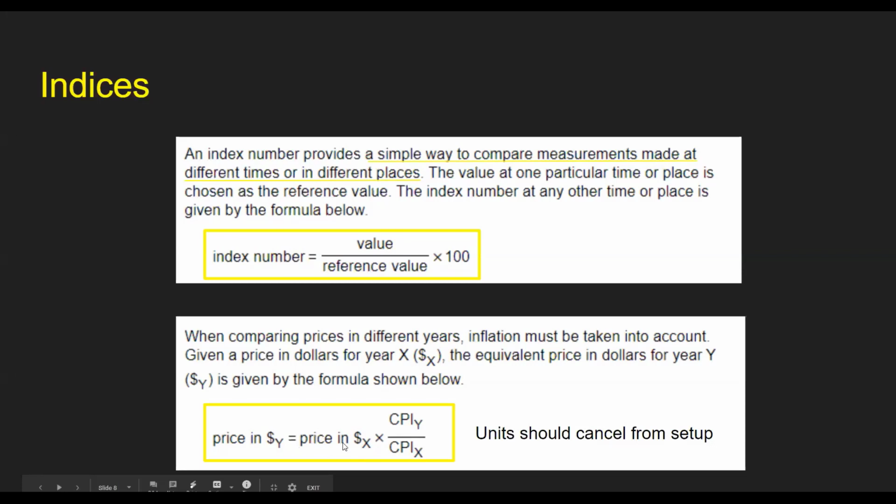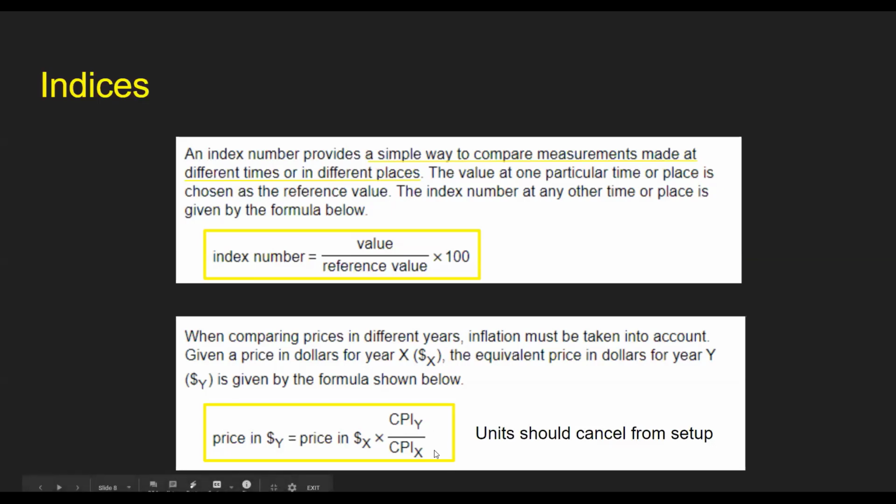So this is equal to the price in dollars for that reference year times the quotient of the indices. And I'm going to talk about CPI more in a minute, but this is just for you to get the equation down, and then we'll work some examples. So CPI for Y over CPI for X. My purpose of this slide is really for you to get those two equations that I have highlighted down in your notebook.